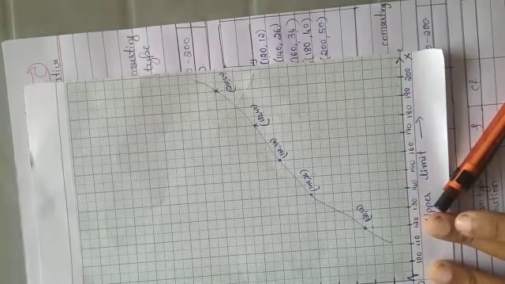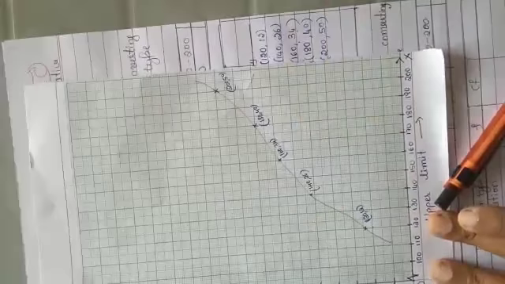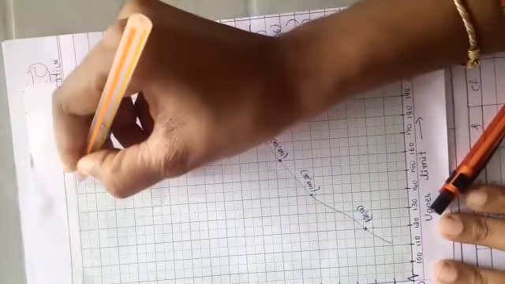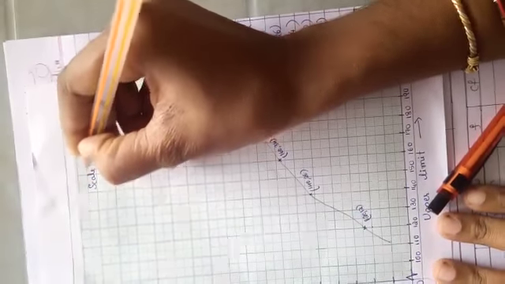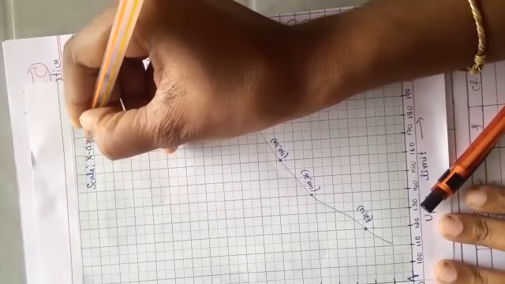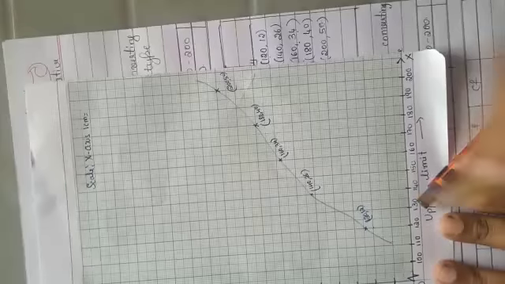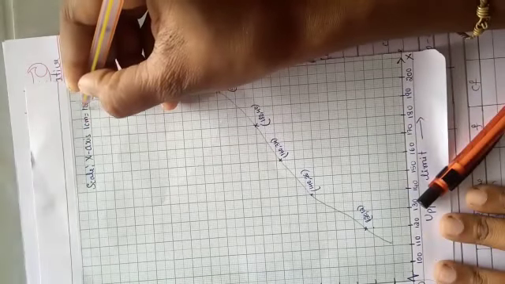And one more thing, you have to write the scale on the graph sheet, that is how much you are taking on the x-axis and y-axis. Scale: x-axis 1 centimeter is equal to 10 units, since I am taking a difference of 10.